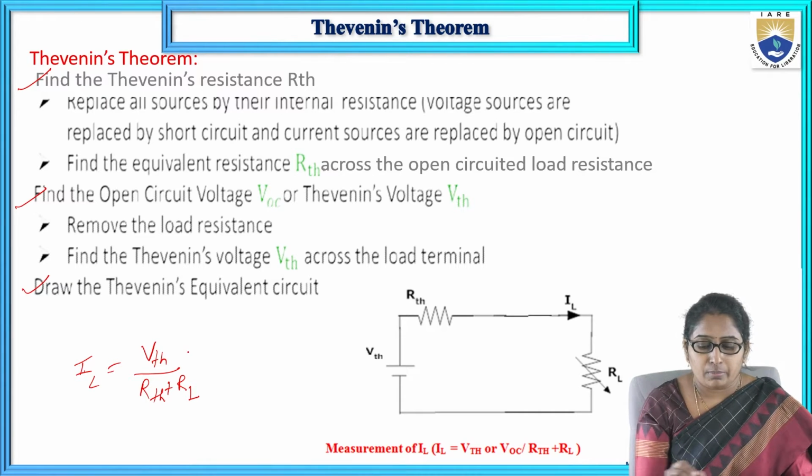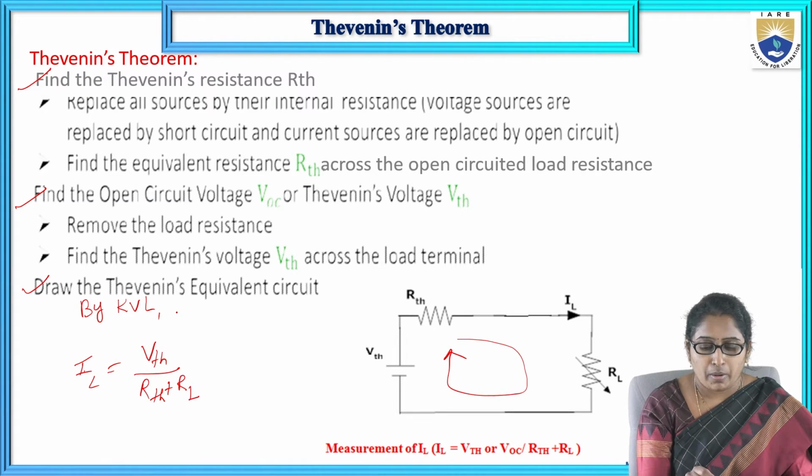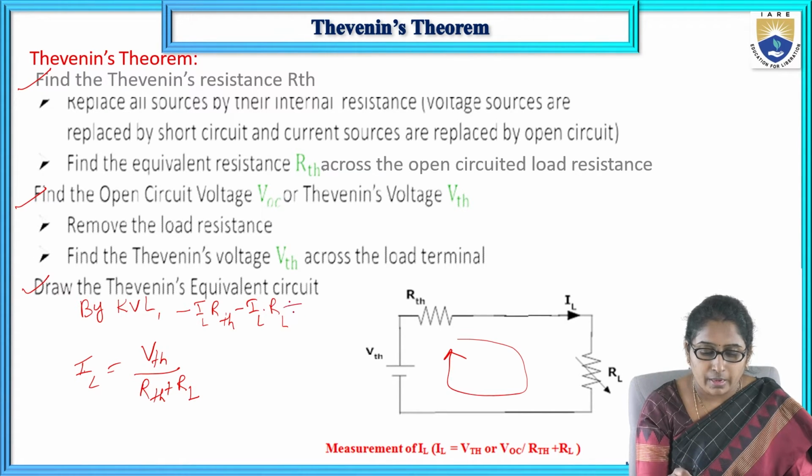How is it obtained? By applying KVL. Write the KVL equation in the loop. So I start from here: minus IL RTH minus IL RL plus VTH is equal to 0.